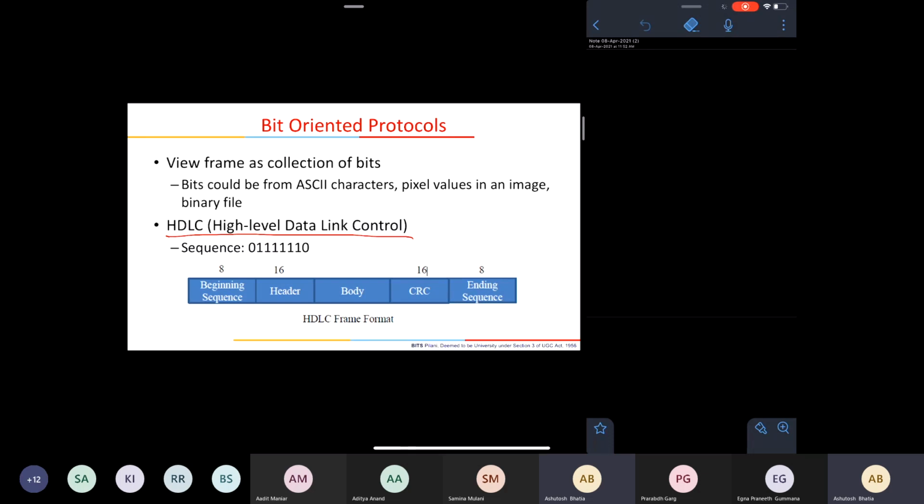This is another data link layer control protocol which was used heavily, but we just want to see its frame. It's a bit oriented protocol, which means it communicates between the transmitter and receiver at the bit level. They just understand that they are transmitting, just like the TCP streams, but at the link layer. And it also has a beginning sequence and an ending sequence. These are special kinds of sequences.